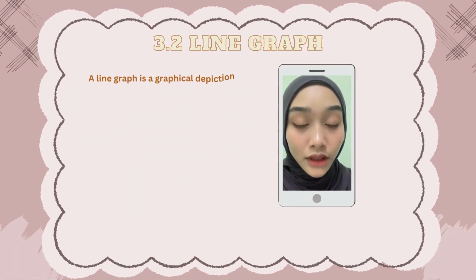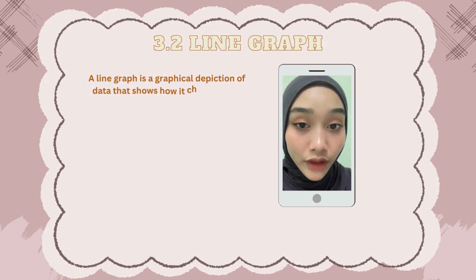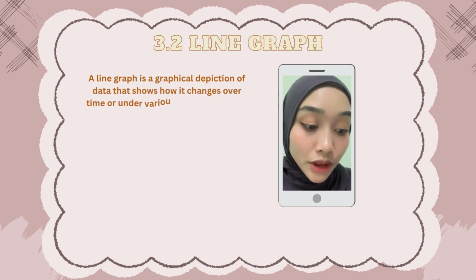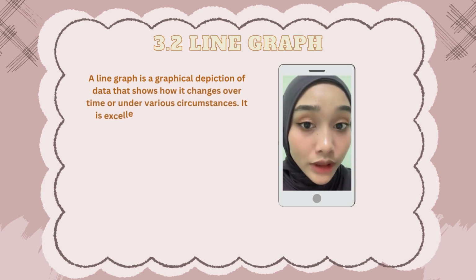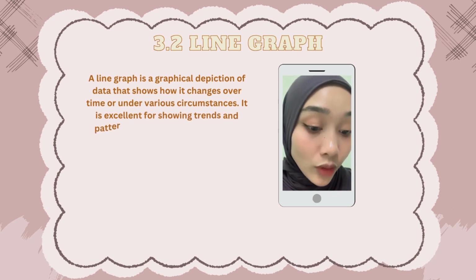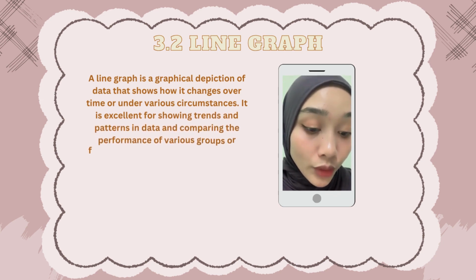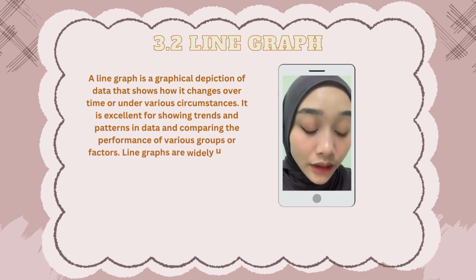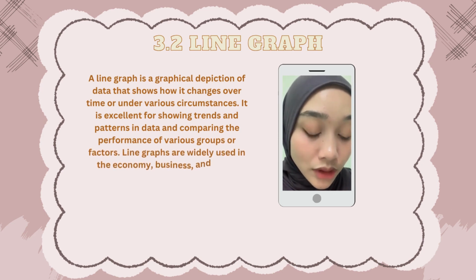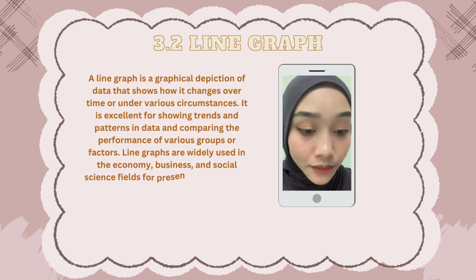Line graph. A line graph is a graphical depiction of data that shows how it changes over time or under various circumstances. It is excellent for showing trends and patterns in data and comparing the performance of various groups and factors.